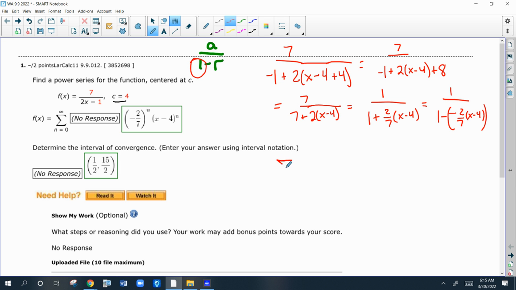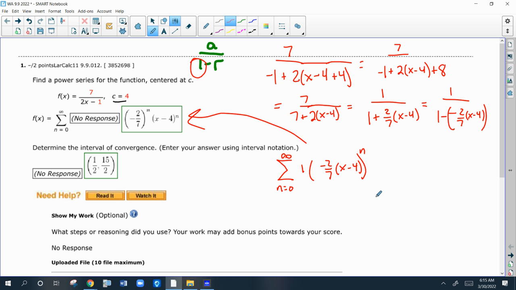So it would be the sum as n goes from 0 to infinity of a, which is 1, times r, which is negative 2/7, times x minus 4 to the n. You can see that's just a simplified version. They're just raising negative 2/7 to the n.